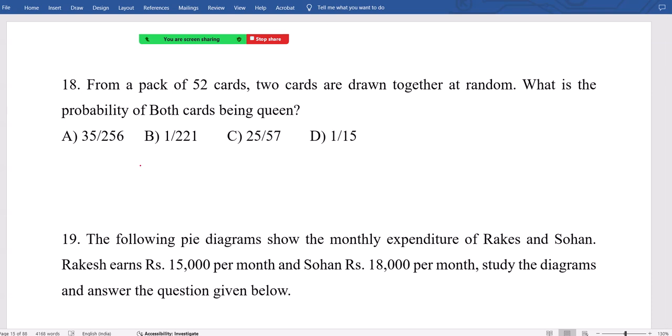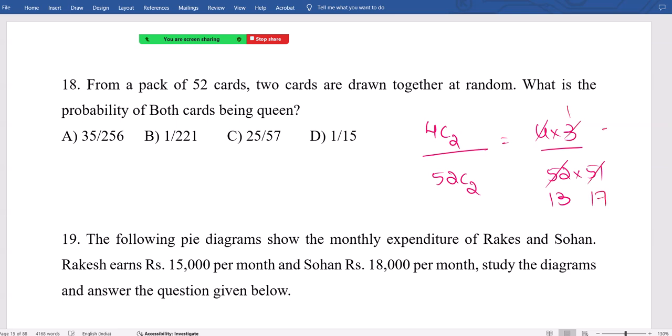Both cards are queens. I believe you people have an idea. There are four queens, right? So 4C2 out of 52C2. So it's 4 into 3 divided by 2 factorial, and this is 52 into 51 divided by 2 factorial. This is 13 times 17. 13 into 17 is 221. So 1 upon 221. Option B is the answer.